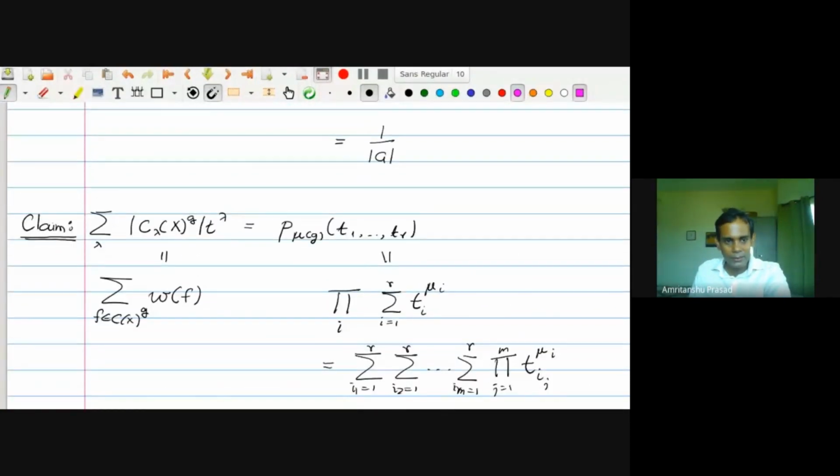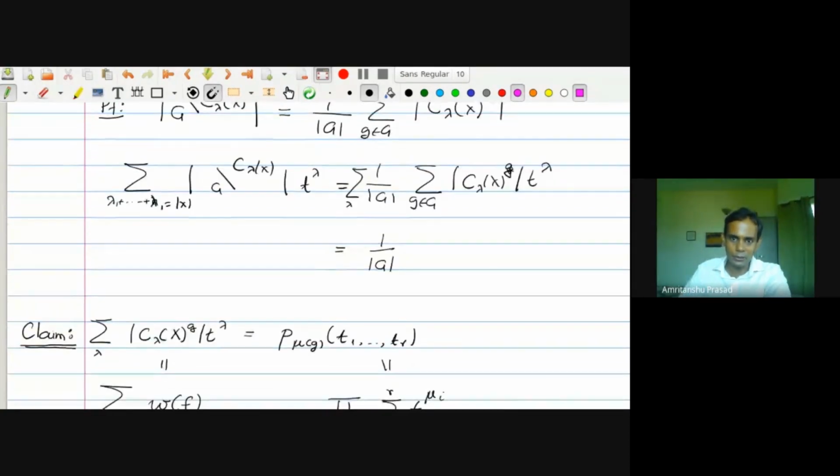So what we have is this, the generating function for the fixed points is P mu G of T1, T2, up to Tr. So this becomes the summation over g in G of P mu G of T1.